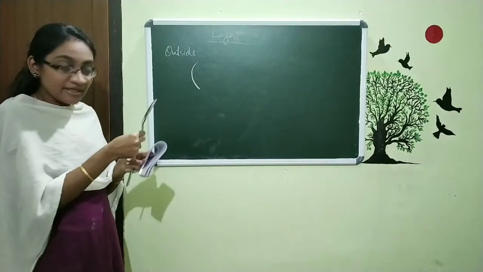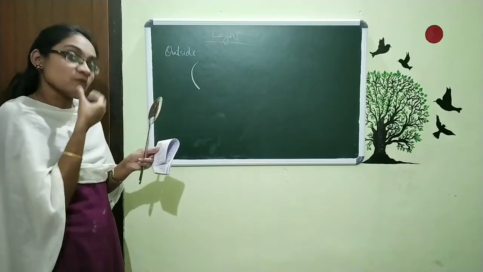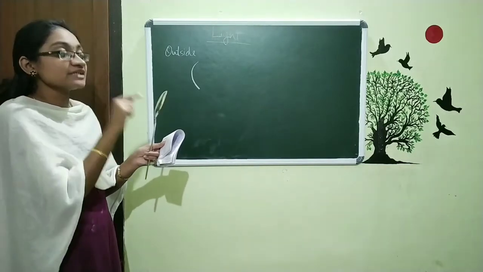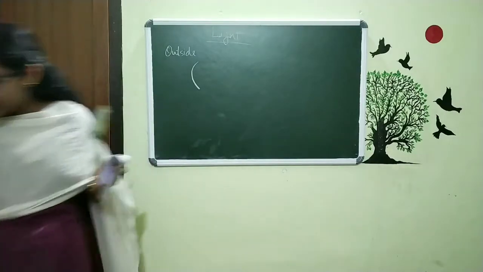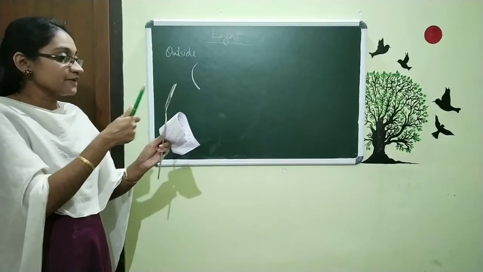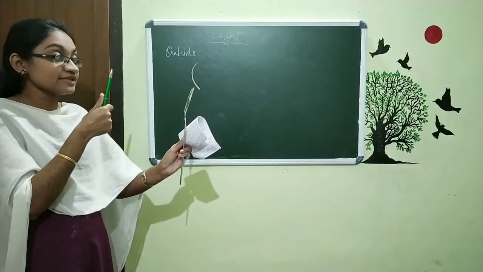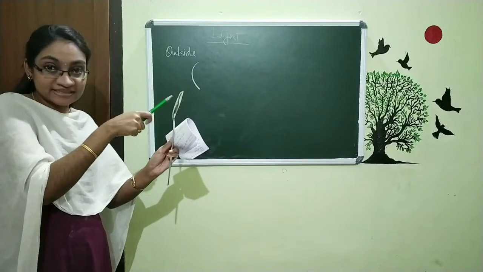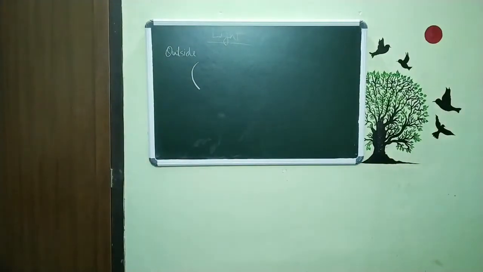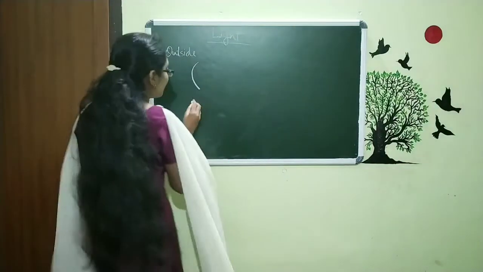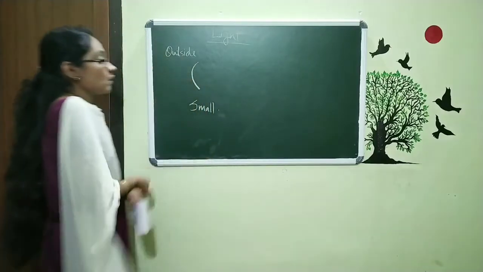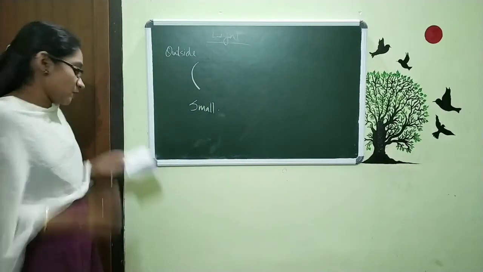That means the image formed on this spoon is smaller than the object. Here the object is my face and the image formed here is very small. We can repeat this activity using a pen also. When I hold this pen, the size of the pen is also small. You can also try this at home. So we can say the size of the image is small.